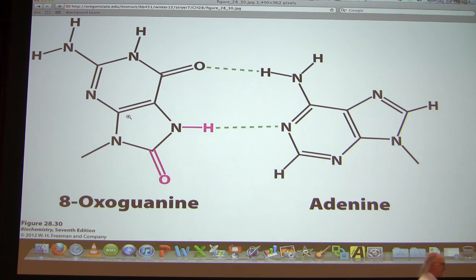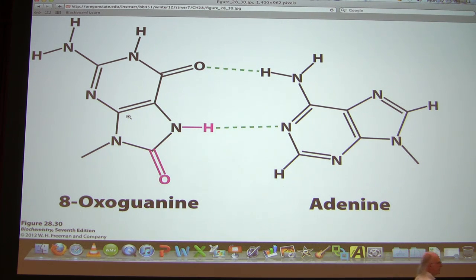As a result of this, if you have DNA that has 8-oxoguanine in it, or if you have 8-oxo-dGTP that DNA polymerase uses, in either case, guanine may be paired across from an adenine. Well, that will obviously be a source of a mutation that happens in cells.